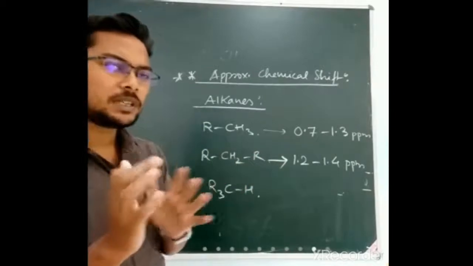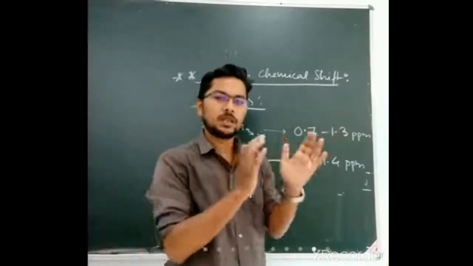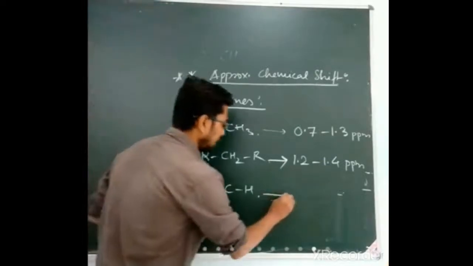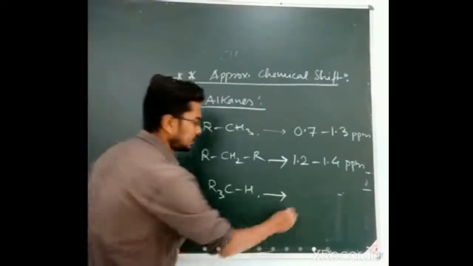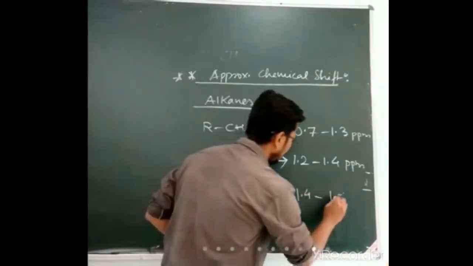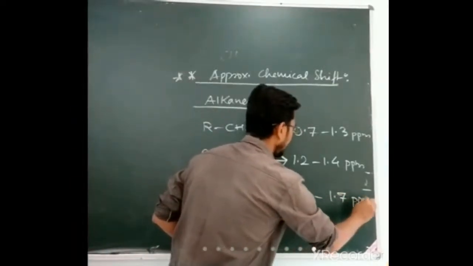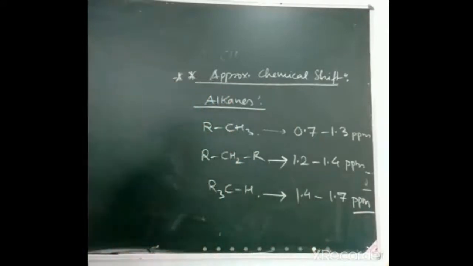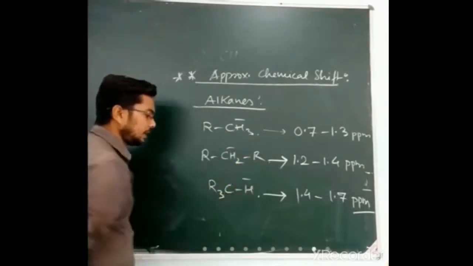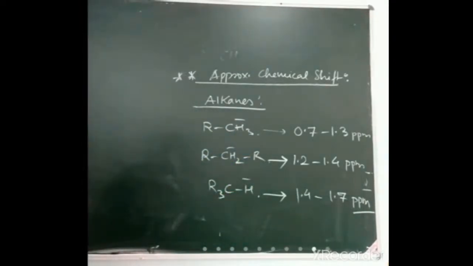Whatever the book is, this range will be approximately the same. Then you have the tertiary group. So these protons will appear in 1.4 to 1.7 ppm. So this is important. Alkane groups, the different types of protons available: you have methyl protons, methylene protons, and tertiary protons, and then your values will be in this range.